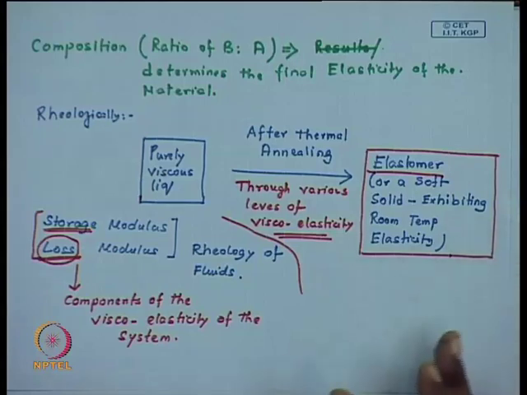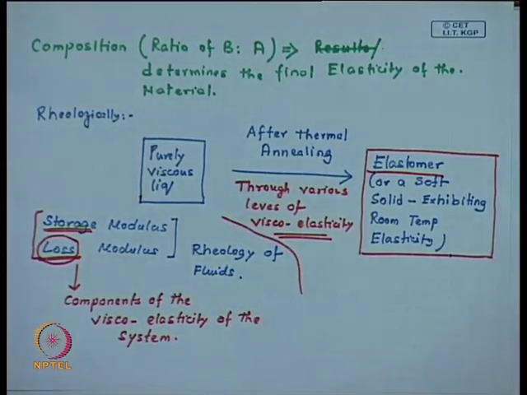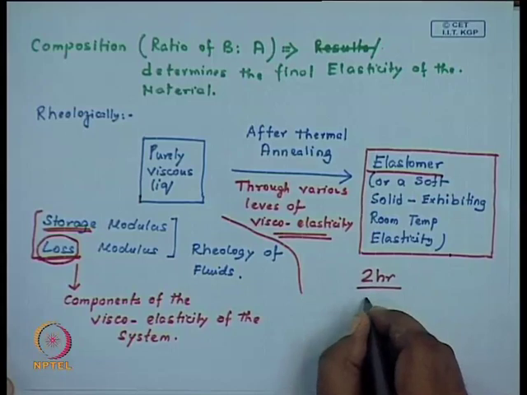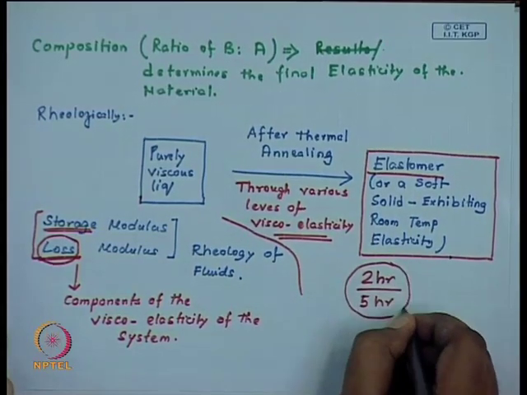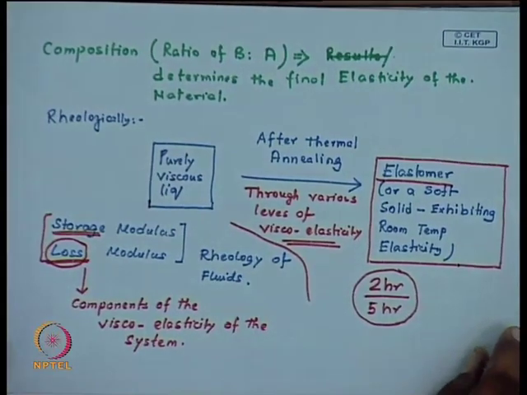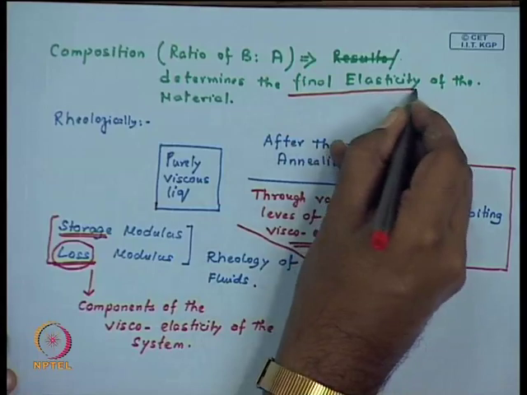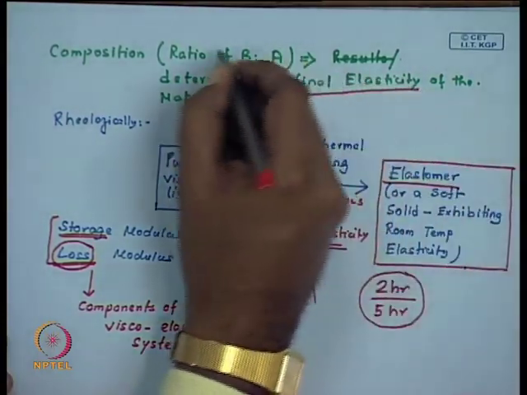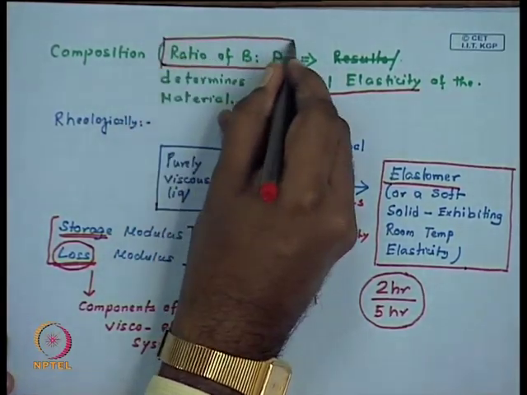Now, once the material is fully cross-linked, annealing it further does not alter its level of elasticity. So, whether you are annealing for 2 hours or 5 hours really will not matter much in determining the final level of elasticity, which is affected to a large extent by the ratio of B to A.